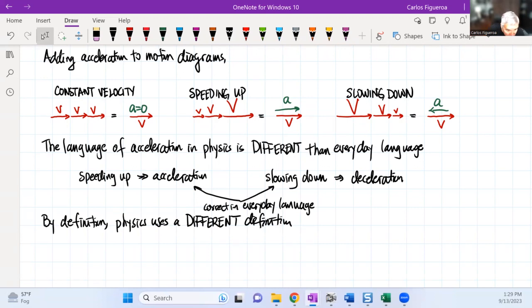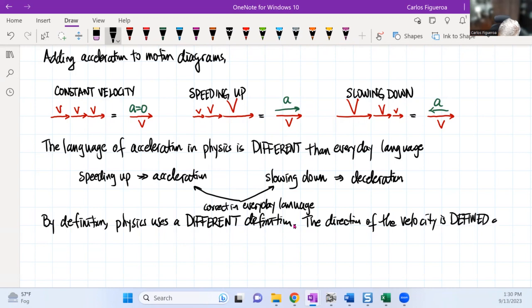So here's what we do. The direction of the velocity is defined as the positive direction.